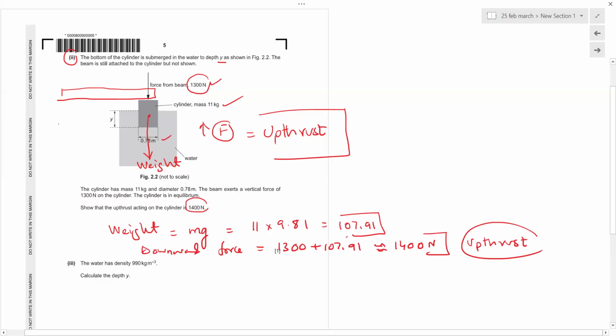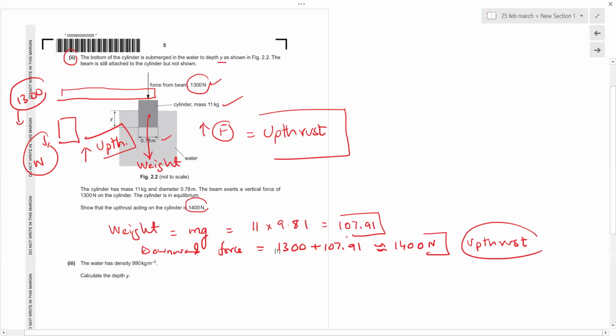That's very important because they say this cylinder is in equilibrium. So the upward force is the upthrust, and the downward forces are the weight of the cylinder and the force due to the horizontal beam. I added both of them and figured out the upthrust. Quite an easy working to do. Most of the students get worried about पता नहीं कैसे निकालेंगे. That's how you do it.